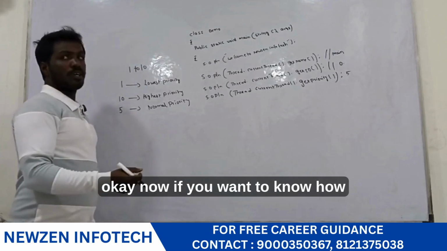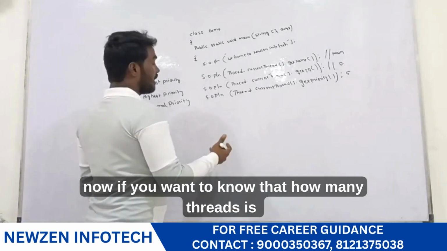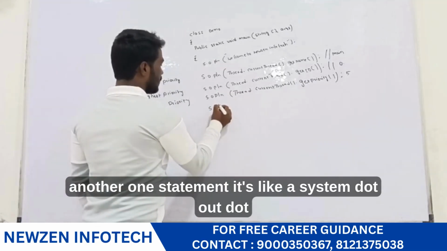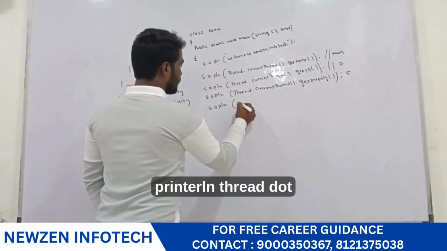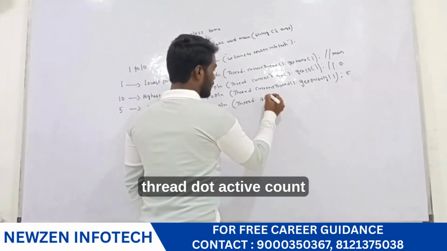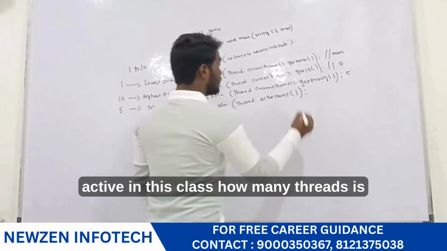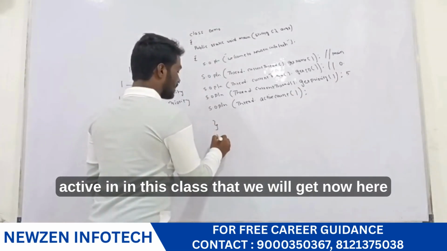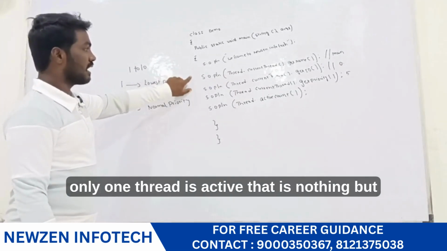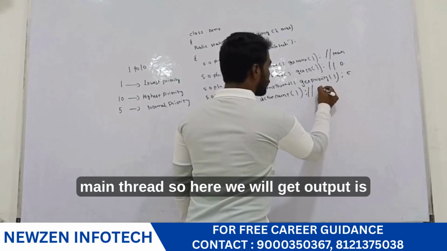Now if you want to know how many threads are active in this program, we'll use another statement, System.out.println of Thread.activeCount(). Here we will get how many threads are active in this class. Only one thread is active, that is the main thread, so we will get output 1.